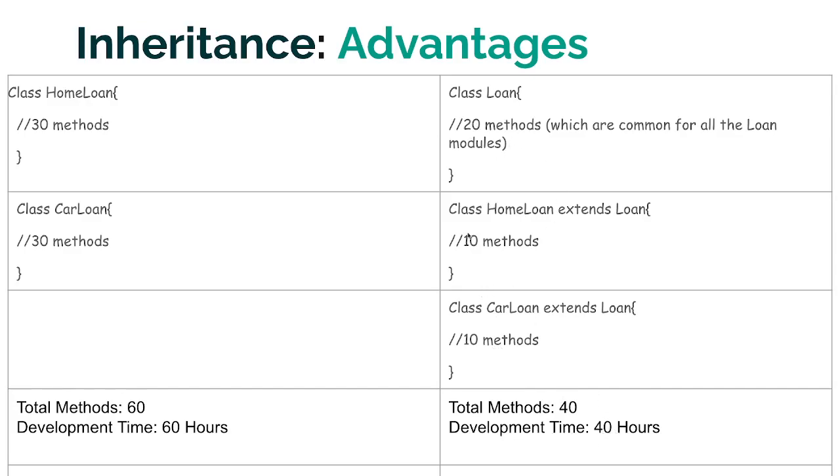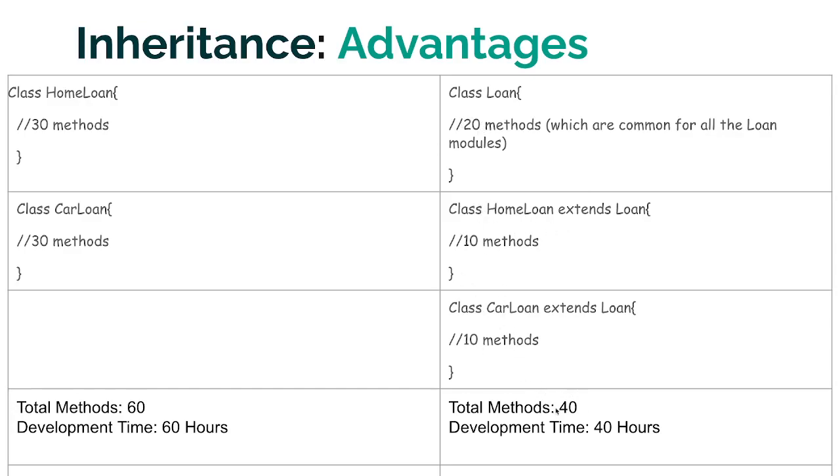So we're doing the same thing over here. If you have common methods between different classes, instead of writing all the methods again and again for each of the classes, you can create a parent class with all the common methods, and then use the inheritance process for the child classes.